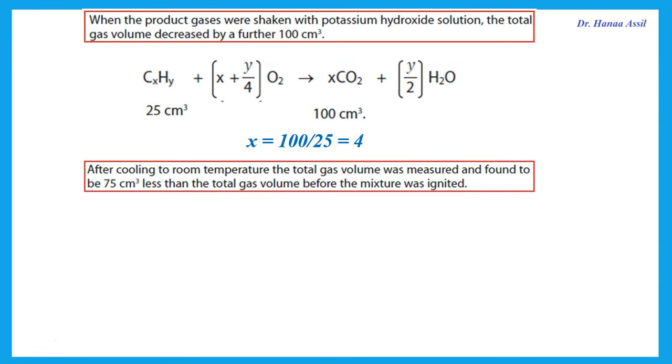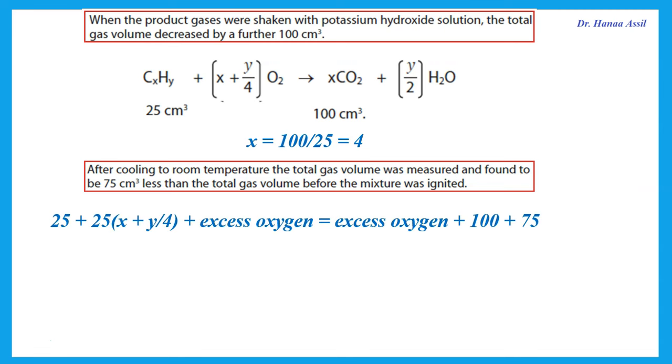We are also told that after cooling to room temperature, the total gas volume was found to be 75 centimeter cubed less than the total gas volume before the mixture was ignited. So that means we started with 25 centimeter cubed of the hydrocarbon. That will react with what? It will react with 25 times the coefficient of oxygen, plus there was excess oxygen.